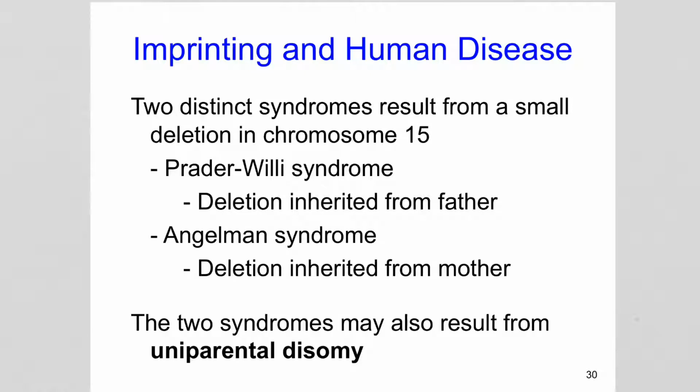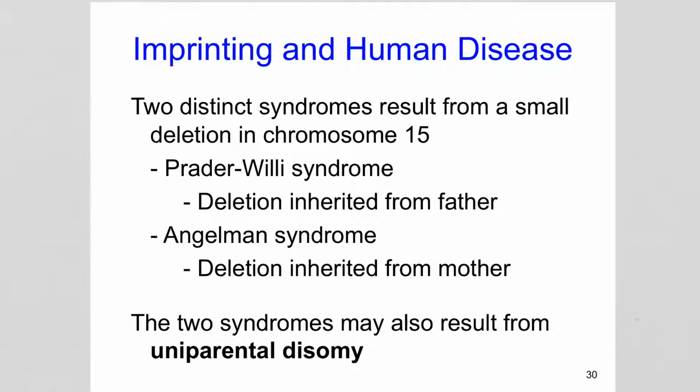And this syndrome actually arises because of several paternal genes, so this is inherited from the father, that are not normally imprinted. So that means they should be normally active, but they're missing. So that deletion is passed down from the father. Normally should be expressed, but it's not.